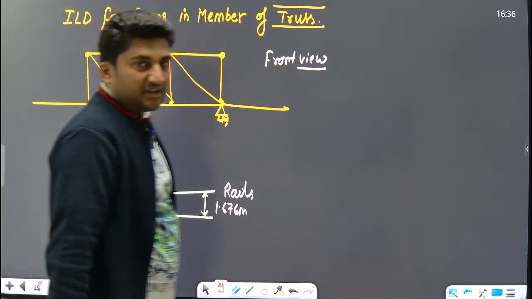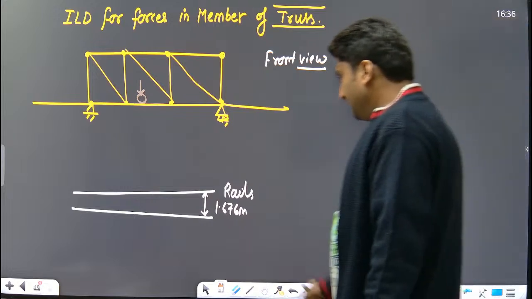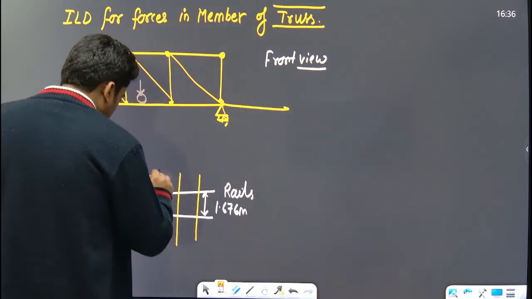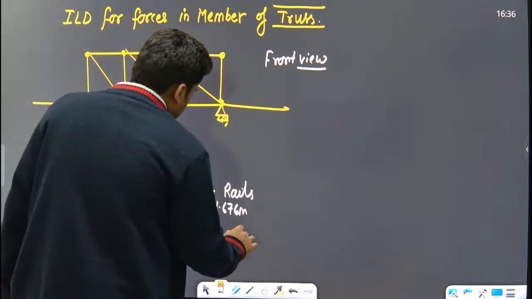These are two rails. Below these two rails, there are sleepers. These are the railway sleepers.